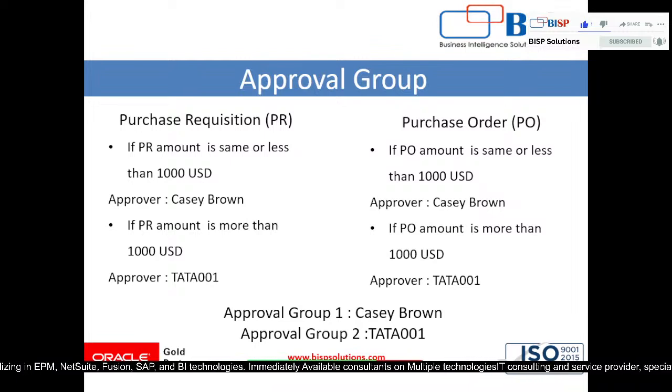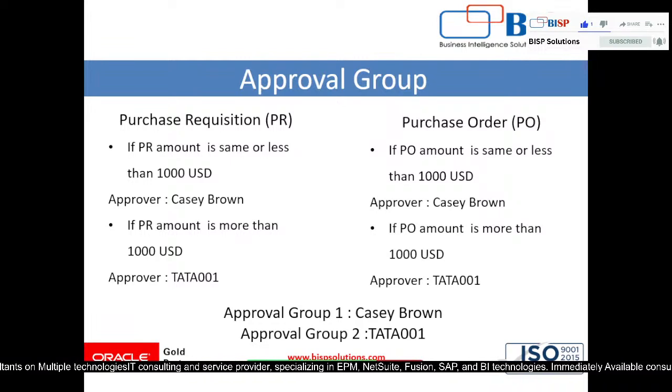So the KC Brown is the user who will approve the purchase order same or less than the 1000 USD, and similarly we have the user Tata 001, and this user will approve the PR, the purchase requisition more than 1000 USD, right? So these are the rules.